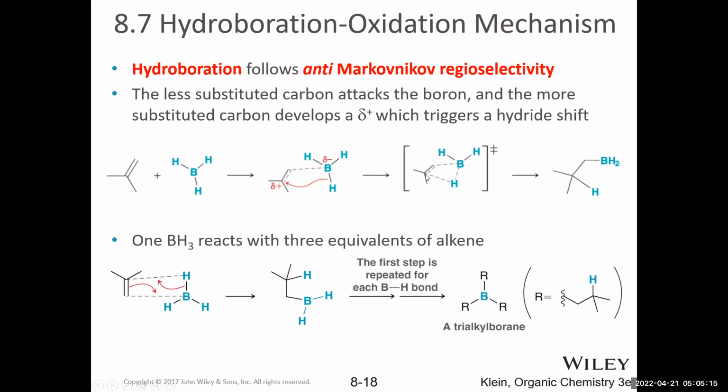Sometimes the mechanism is drawn with the nucleophilic attack happening first, followed by the hydride shift, or sometimes it's drawn with the pi electrons starting to attack and form a bond between the less substituted carbon and the boron, and then the hydride shift happening simultaneously.